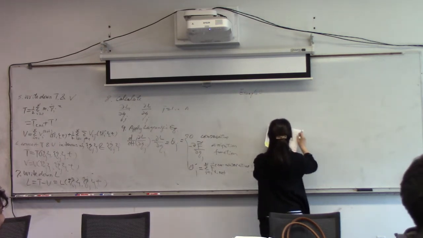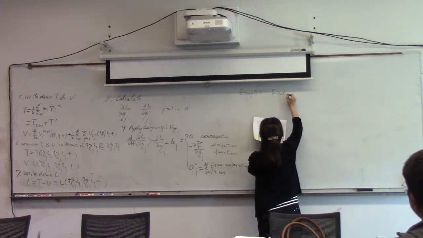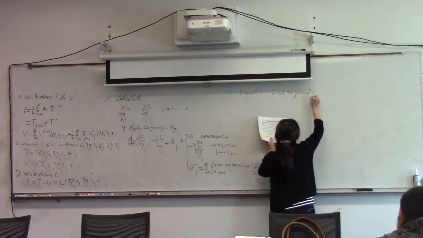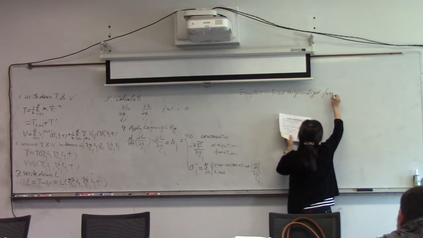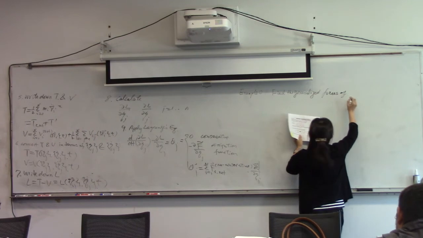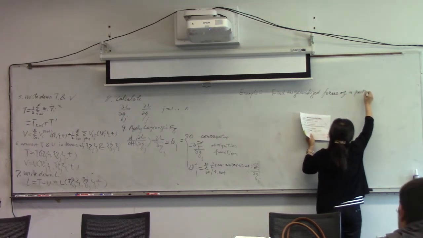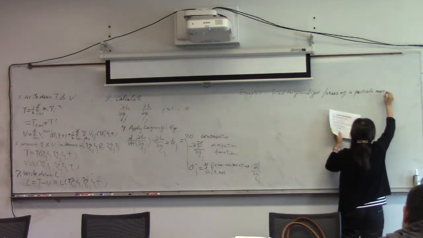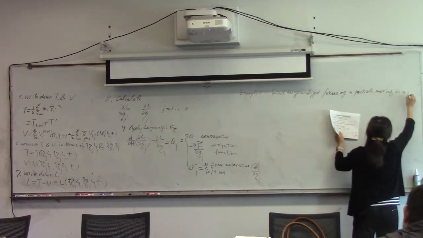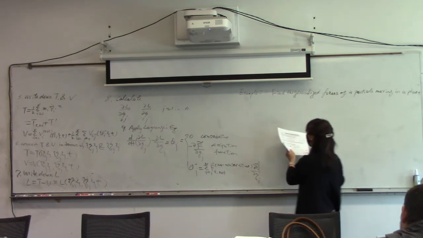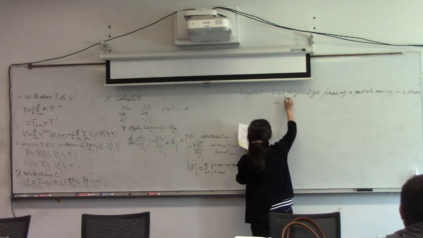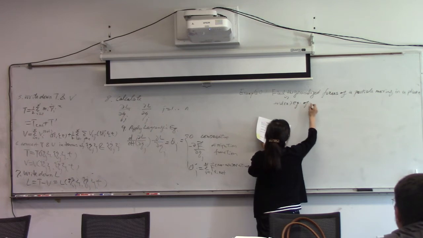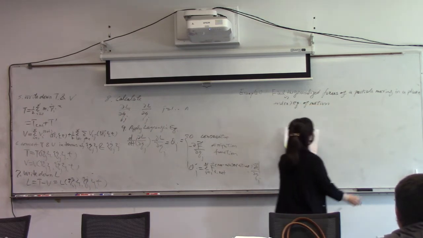We are asked to find the generalized force of a particle moving in a plane, 2 dimensions, right? So find one is this one, and second, the equation of motion. That means solving the equation of motion of the particle.